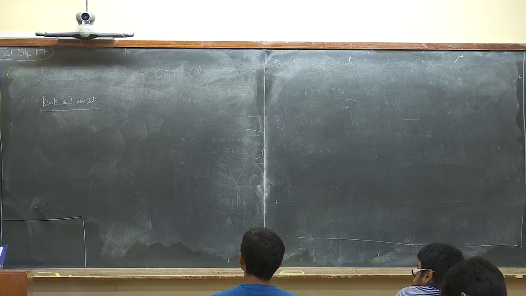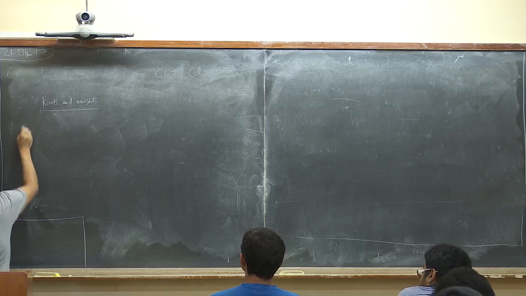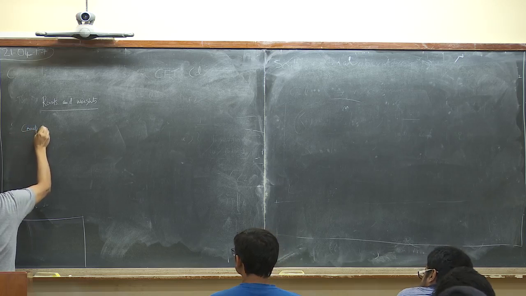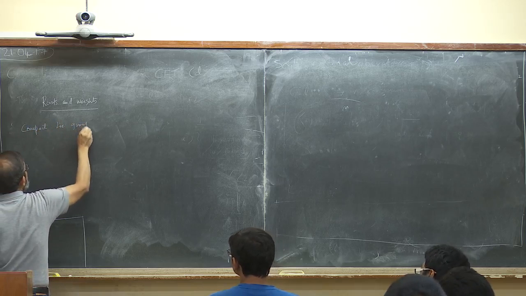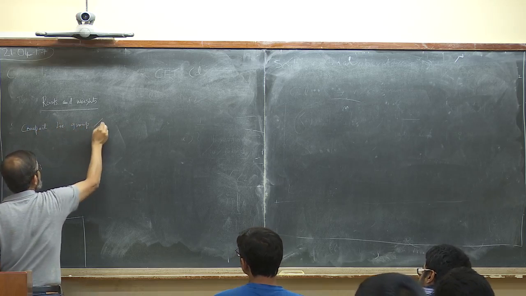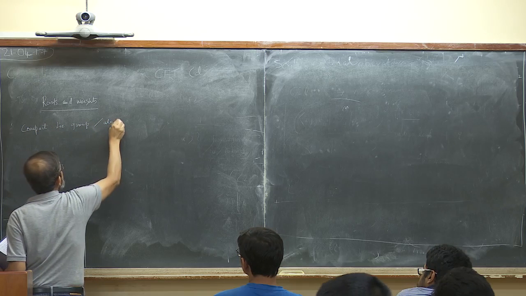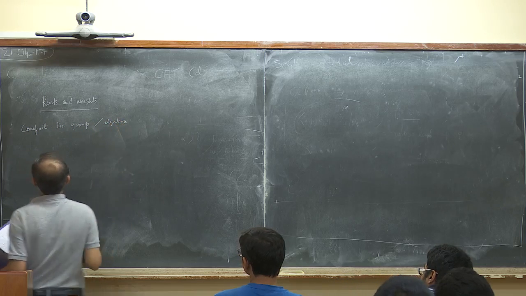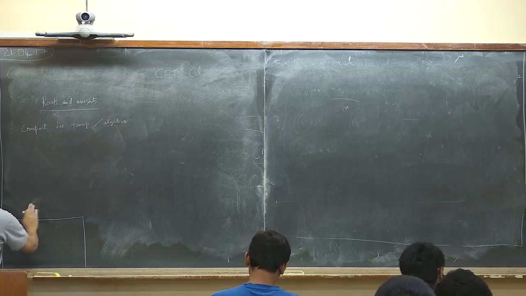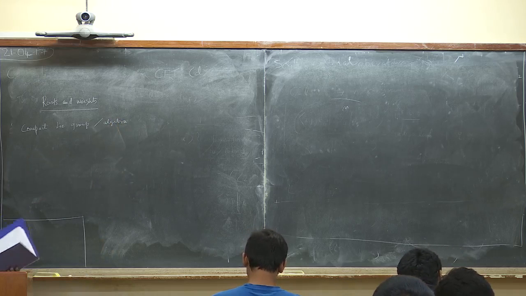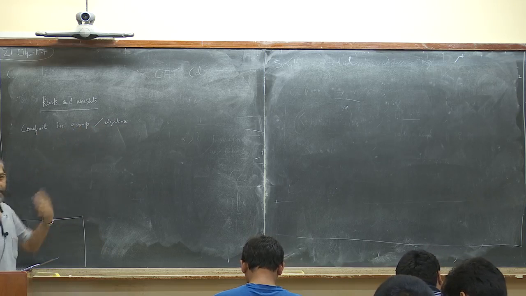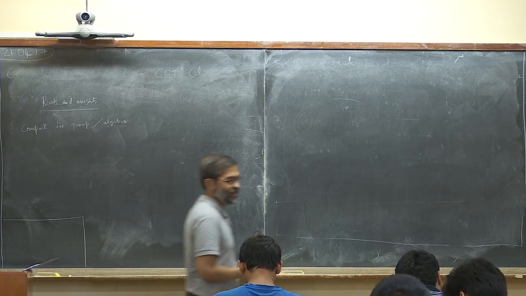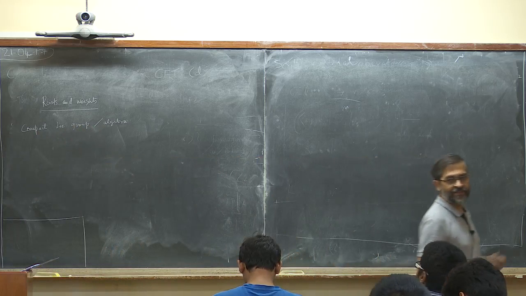So, compact Lie group or Lie algebra. Basically, you can go back to the definition of the Lie group. A Lie group is a topological space, and as a topological space, it is compact.